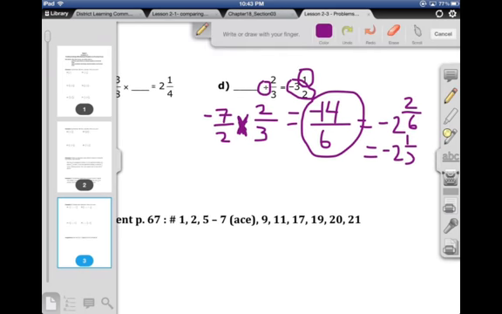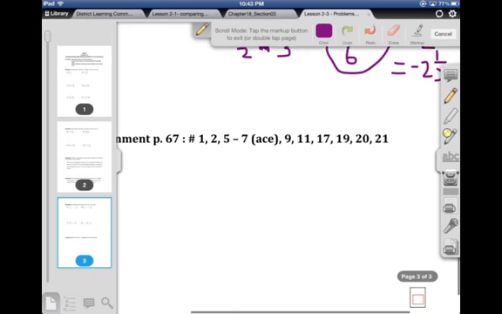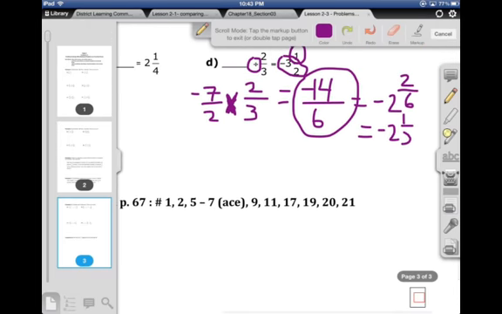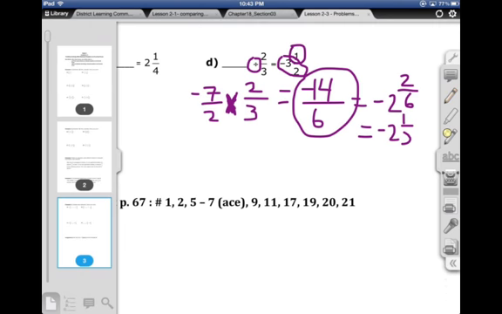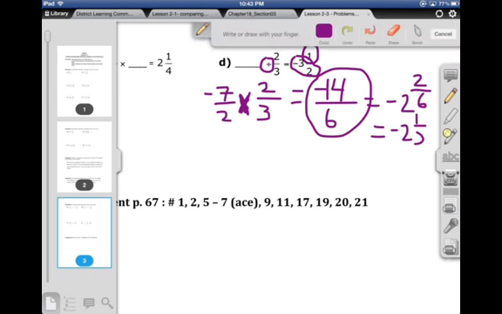Well, quick way to find out. I just have to do a little scroll. Need a little more room here. Okay. Does negative 14 over 6, when divided by 2/3, give me negative 3 and 1/2?